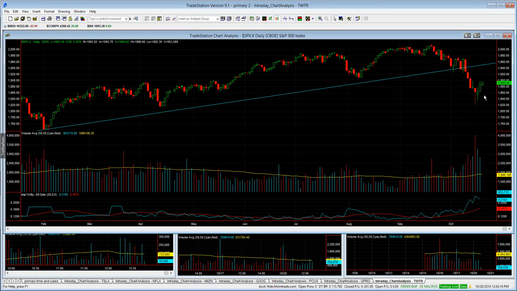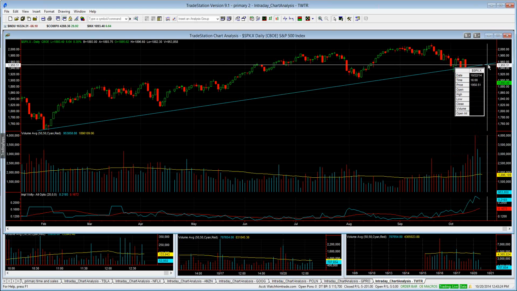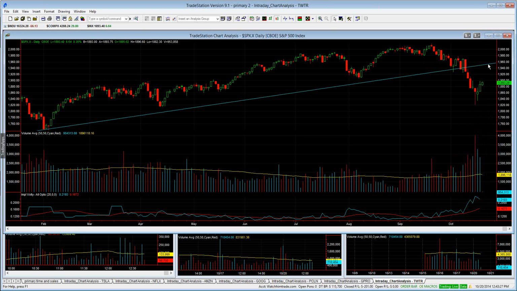So if you can get above 1900, 1912 to 1925 would be the target, and then breaking out there, we start to look for a move back towards 1950, which would coincide with a back test on this previous uptrend line. So that's the way I see the S&P.